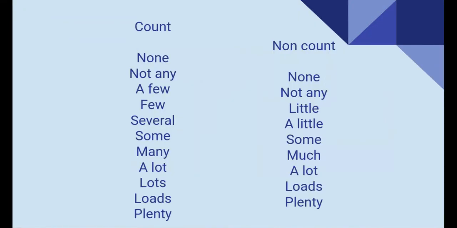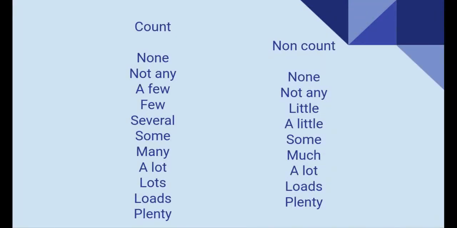Now, look at these quantifiers. If you remember, we have quantifiers that we can use with countable nouns, things that we can count and can be plural, and quantifiers we can use with non-countable nouns, right? Things we cannot count.